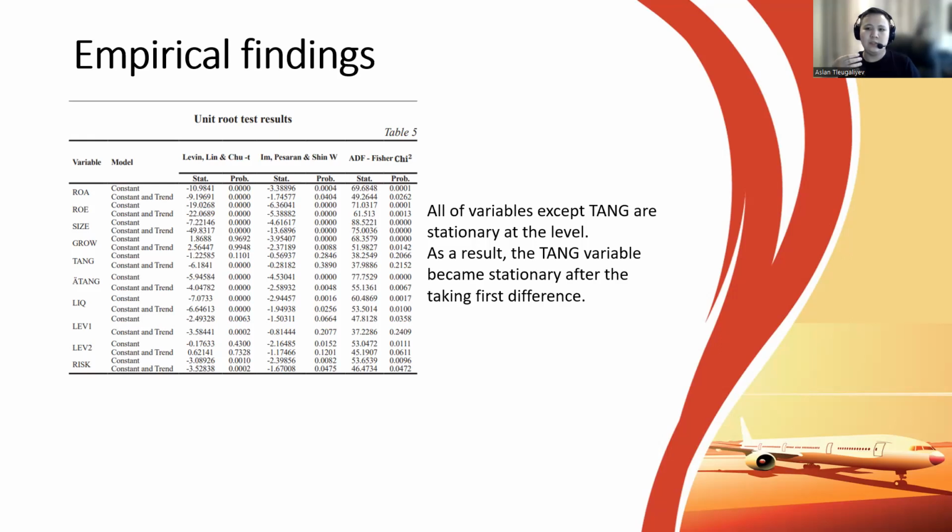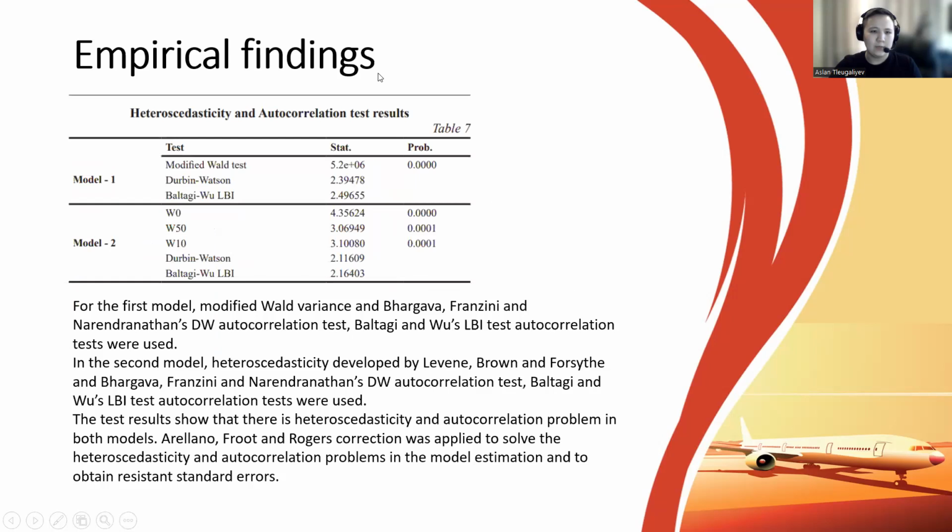So if only the passage of time in our data set affects the behavior of a variable, then that variable is not stationary and cannot be used in our model. The author used several methods and compared them, and all variables except tangibility of assets are stationary. However, tangibility became stationary after taking the first difference, which is okay.